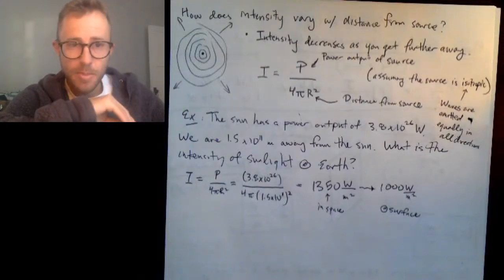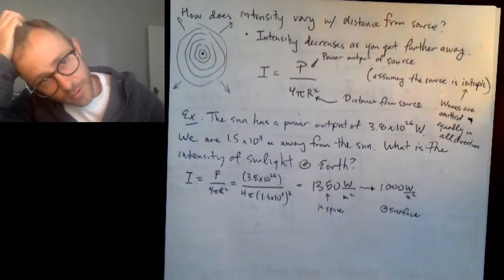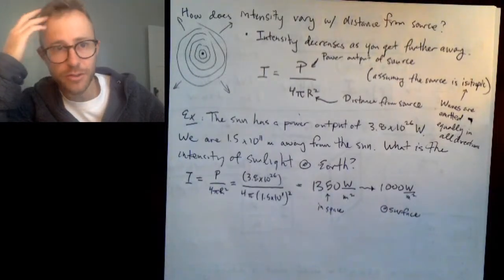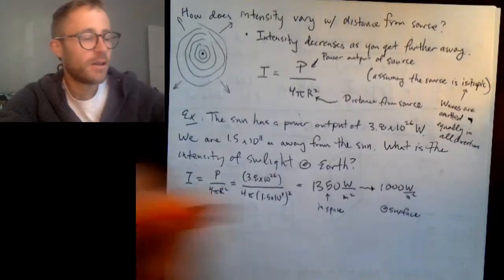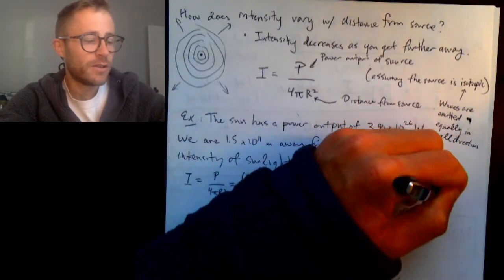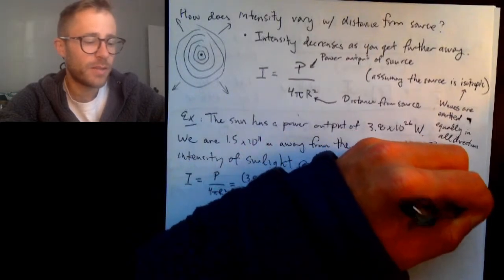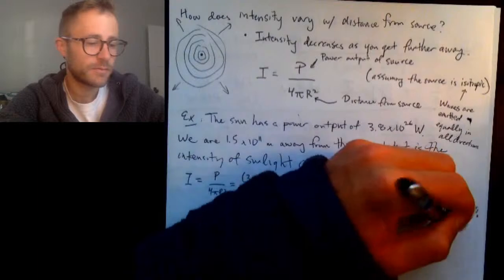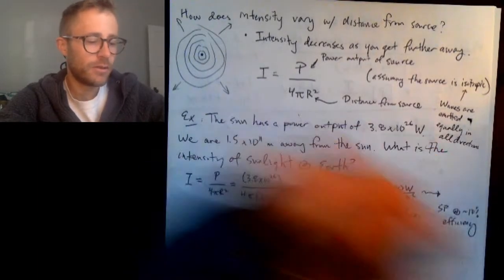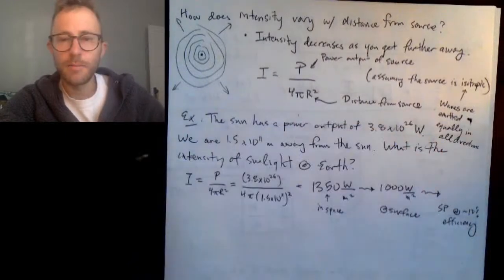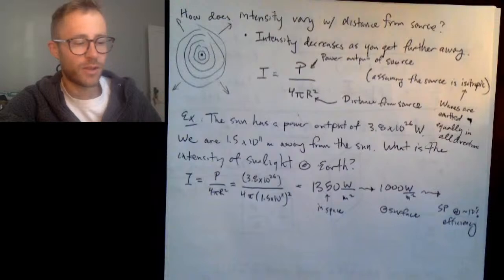Okay. And then if we wanted to use that energy, for example, what if we wanted to harvest that luminous energy in a solar panel? Well, it turns out that solar panels are about 10% efficient. So what that means is that you're only going to be able to use 10% of that.